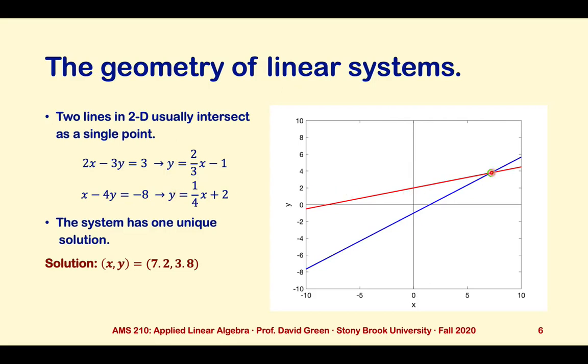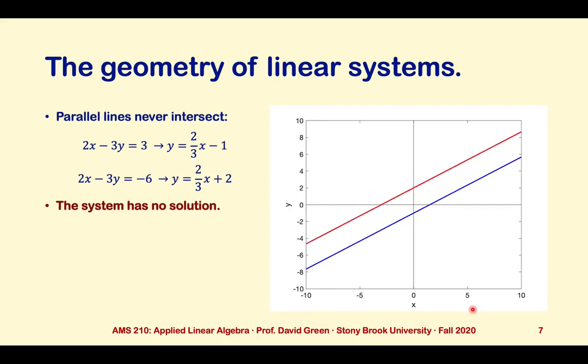That is the points that are on both lines at the same time, which is the single intersection point. And you can imagine that if you take an arbitrary two lines in two dimensions, they will usually cross at exactly one point. They will usually have a unique solution. There are special cases, however, where lines either don't intersect or where they intersect at more than one point.